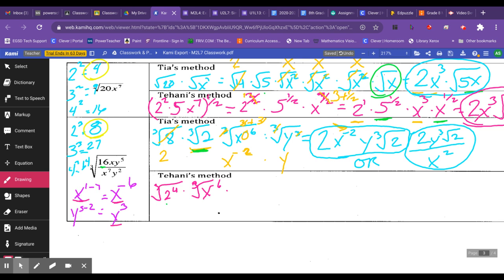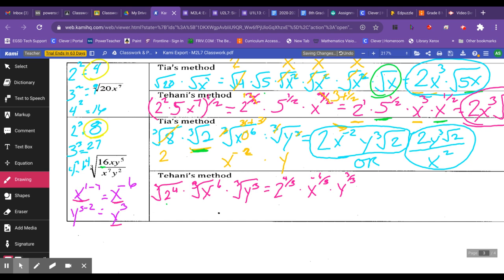I already decided when I simplified those, it was the cubed root of y to the third. So now I need to turn these all into fractions. Numerator is my exponent, denominator is my root. 2 to the 4 thirds times x to the negative 6 thirds times y to the 3 over 3.